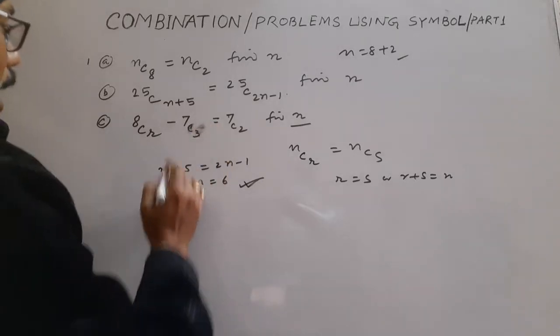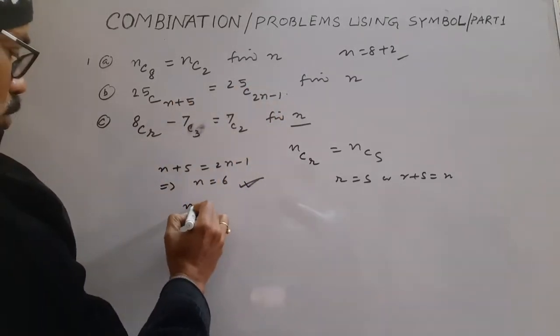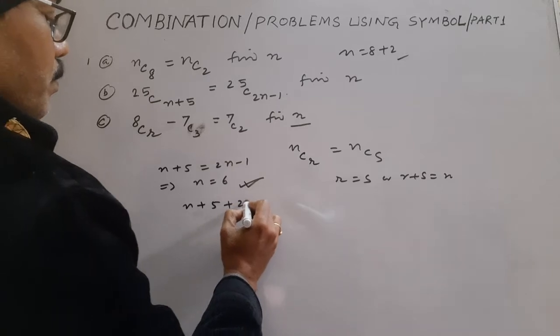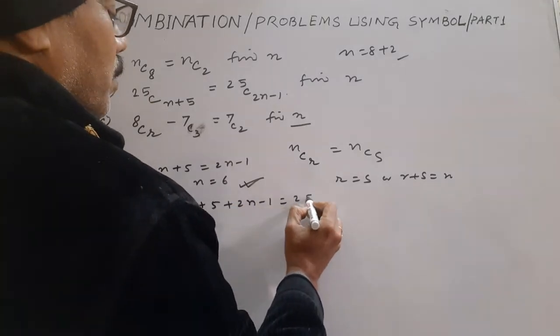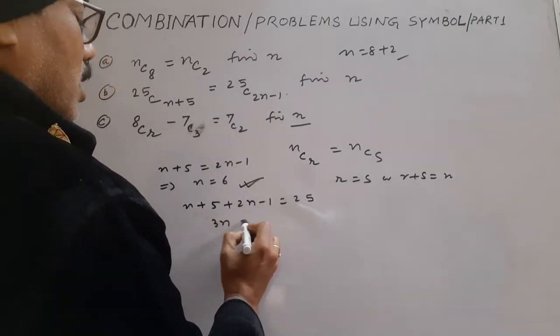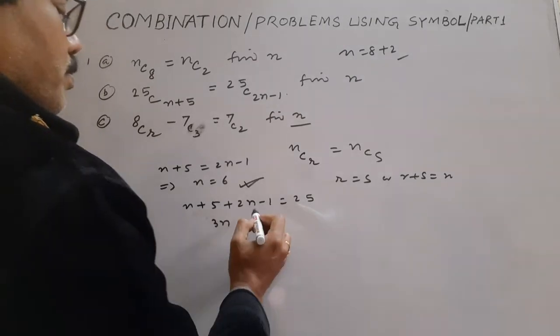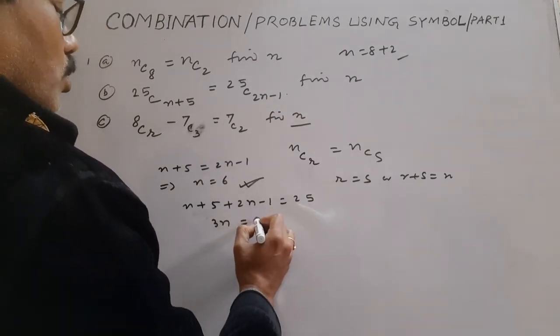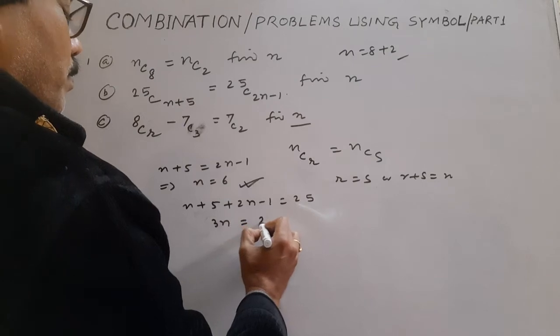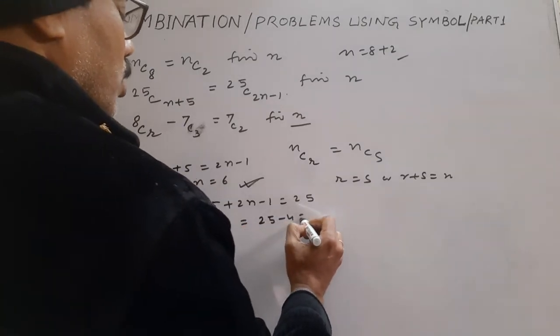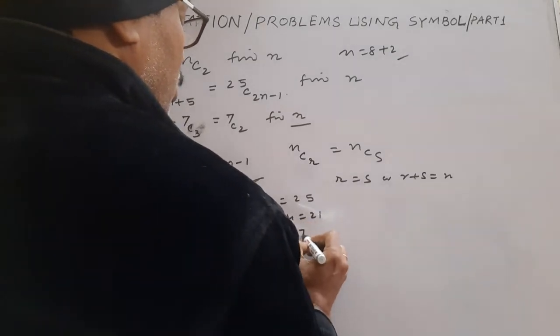So what is the second option? Sum of the lower two suffixes equals the upper suffix. So 3n equals 25 minus 4, so 21. So n equals 7.